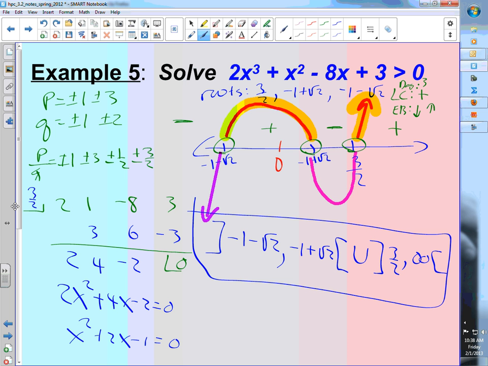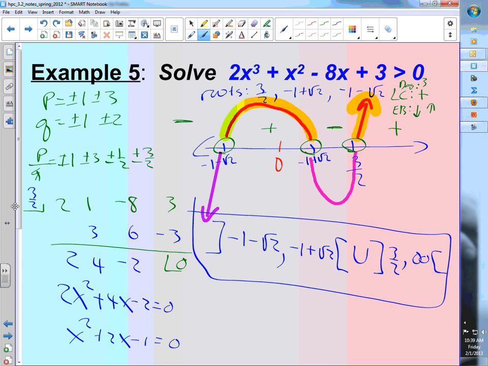This is about 1.4 minus 1, which is about 0.4. We know that its leading coefficient is positive, the degree is 3, so the end behavior is down on the left, up on the right, and we have single roots, so we have our nice pretty graph.